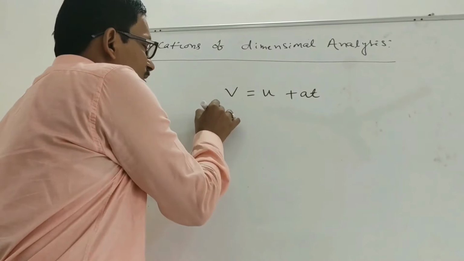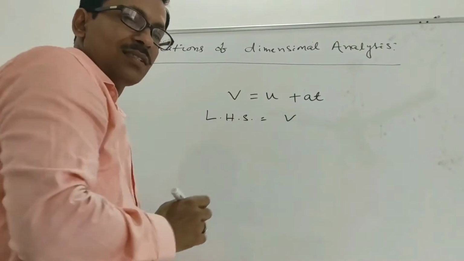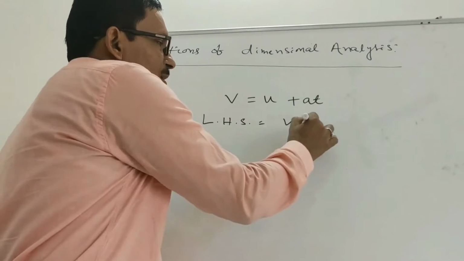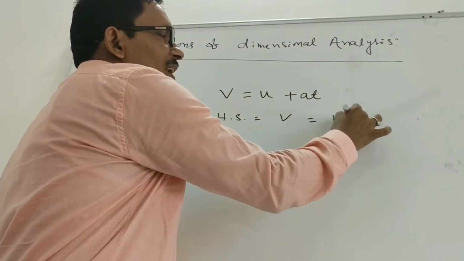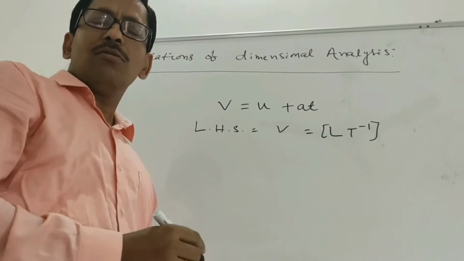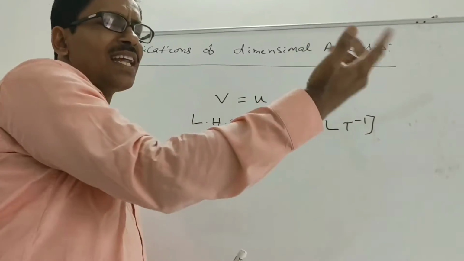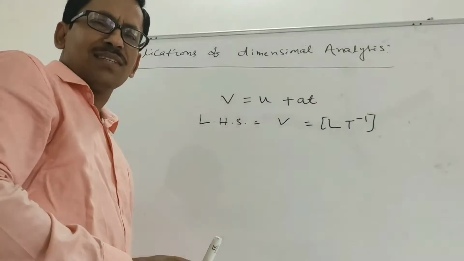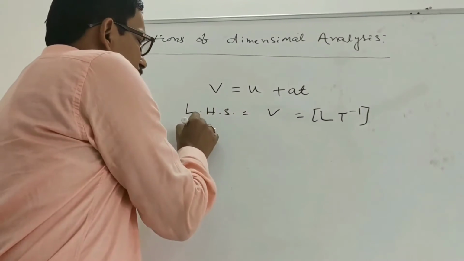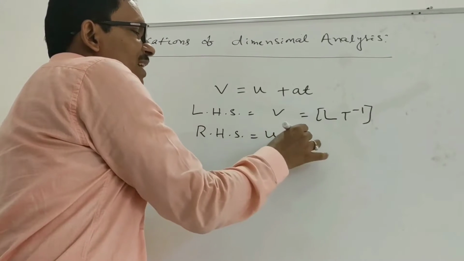Left hand side, what is the dimension? The left hand side is velocity. You know the dimension of velocity is L T minus 1. Velocity is equal to displacement by time. Displacement is length, divided by time, T minus 1. What about the right hand side? In the right hand side, U plus AT.